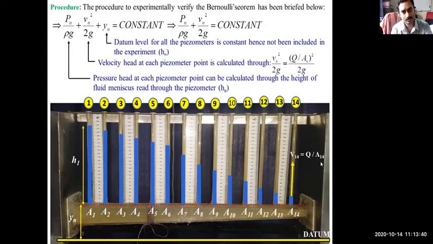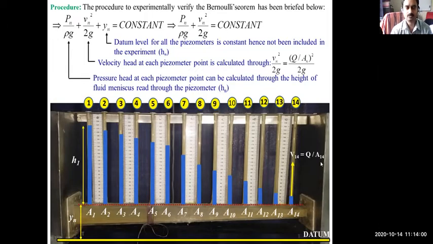With a stopwatch, you check the time taken for the tank to fill up to that height. The cross-sectional area of the tank is known, so if you multiply the height with it, you get the volume. Volume divided by time taken gives you the discharge.